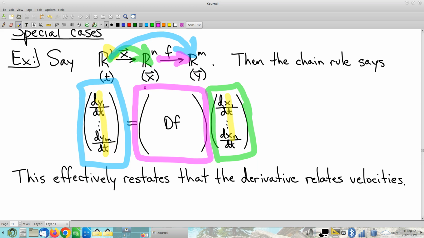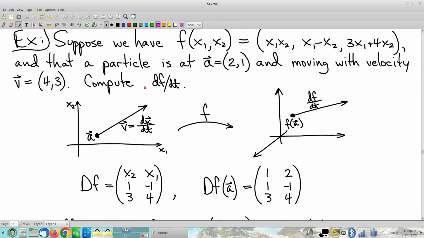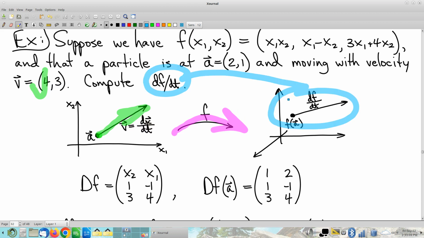And here is a quick example of that. I'm going to leave the details out, but if you look at what we have here, we have a function with a domain and a target, and I have basically an input velocity and an output velocity. My input velocity is here, right? There it is. There's the velocity vector 4, 3. That represents my input velocity, and I've been requested to compute the output velocity.